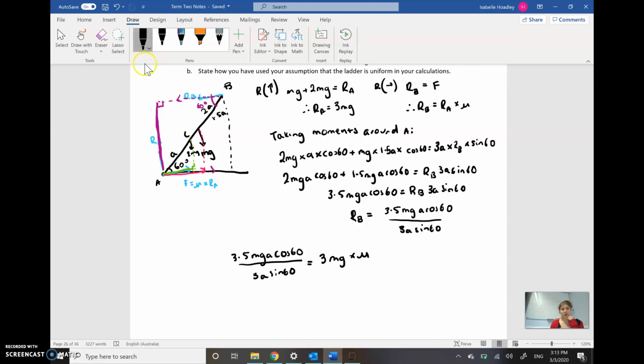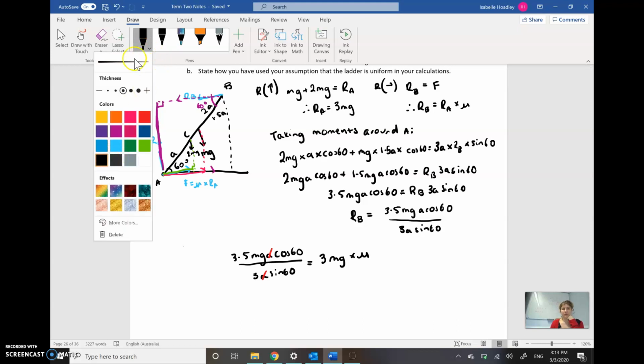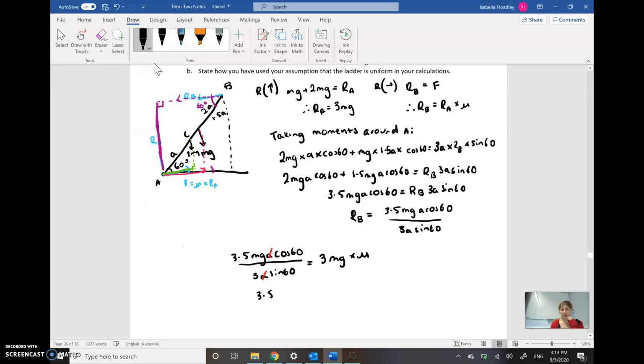So firstly, I can divide this fraction through by a. I probably should have done this earlier. So I've got 3.5 mg cos 60 over 3 sine 60 equals 3mg times by coefficient of friction.